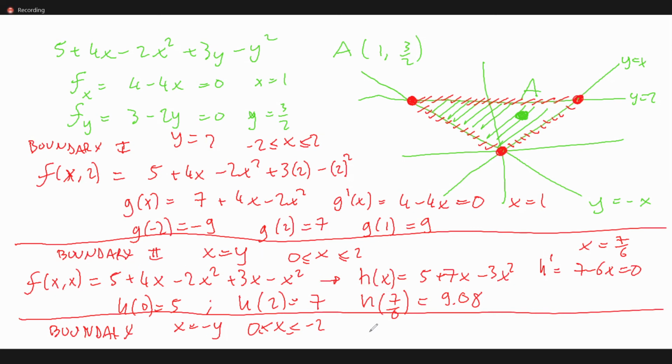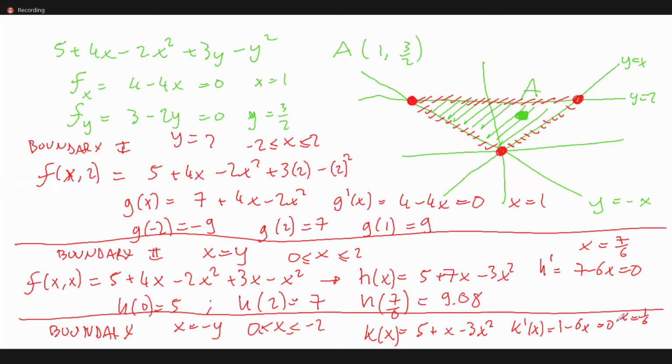We find a new function, let's call this k of x, which is equal to 5 plus x minus 3x squared. The first order derivative is 1 minus 6x, which is 0 when x is equal to 1/6.